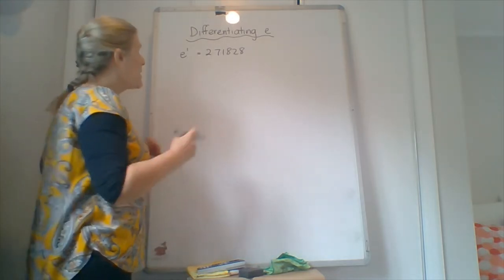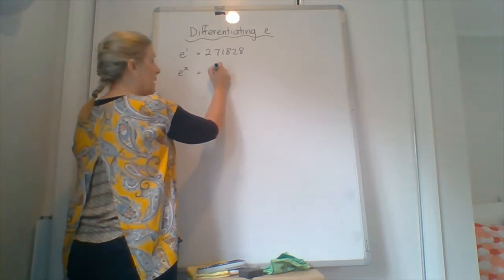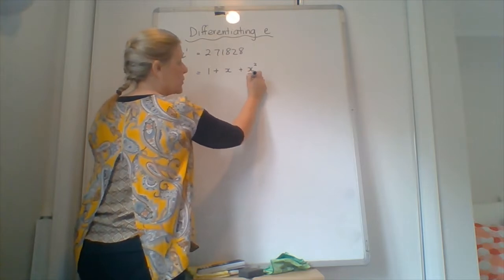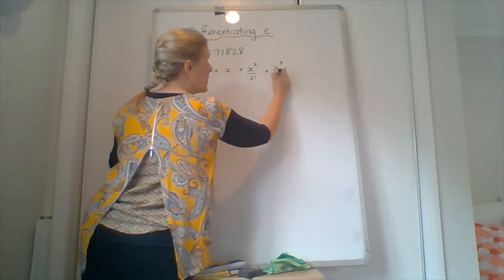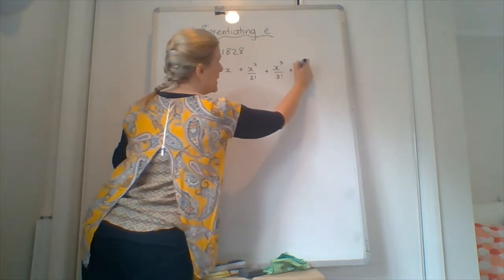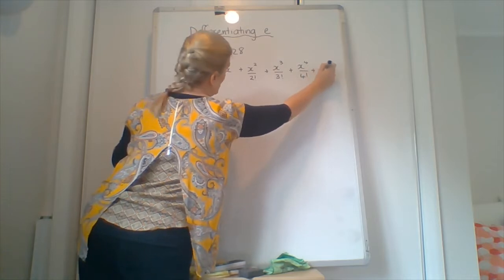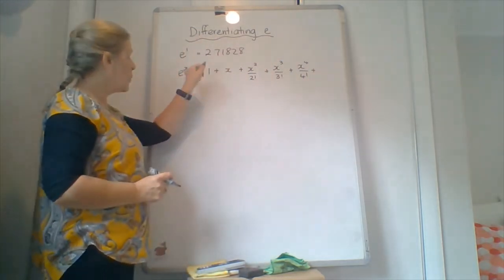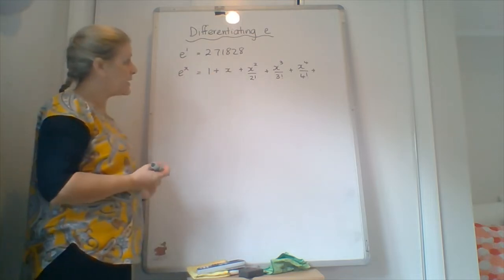Okay? The function of e^x looks like this: 1 plus x plus x squared over 2 factorial plus x cubed over 3 factorial plus x to the 4 over 4 factorial plus... And that function there, when you put 1 in, comes out with 2.71828.